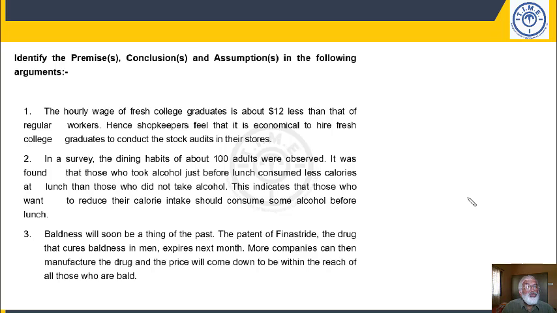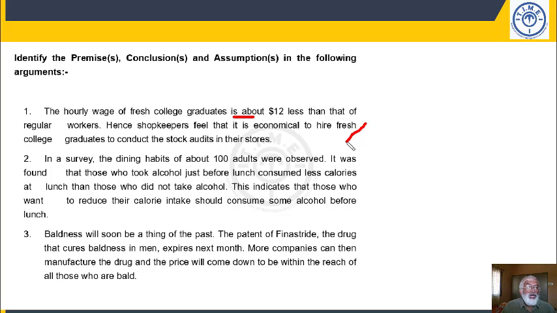College graduates can do at least as good a job as regular workers do, and hence it is economical to hire fresh college graduates. So I know that this is a premise, okay? So this one is a premise, right? And this is my conclusion. And the assumption in between is college graduates can actually do this job as well as, or at least close to as well as regular workers can.